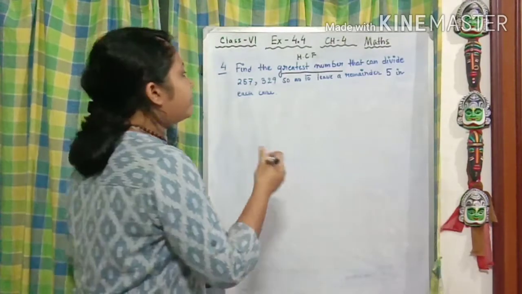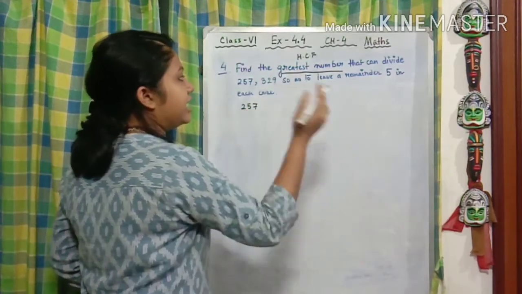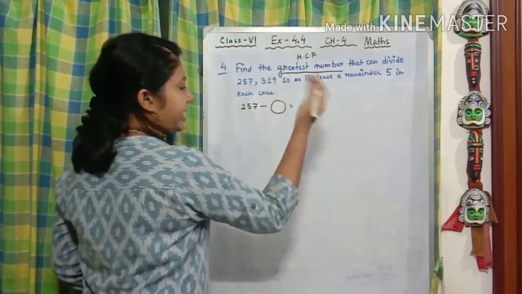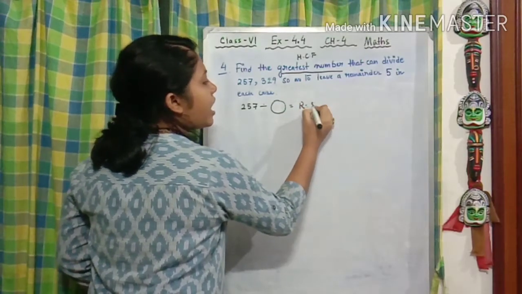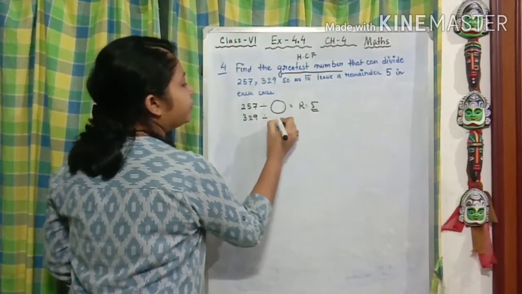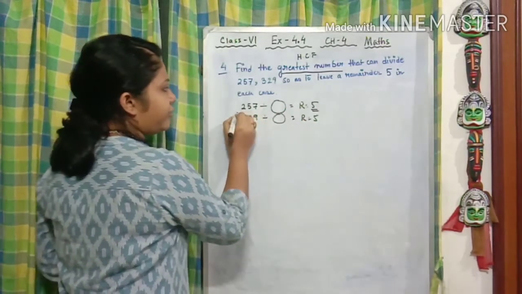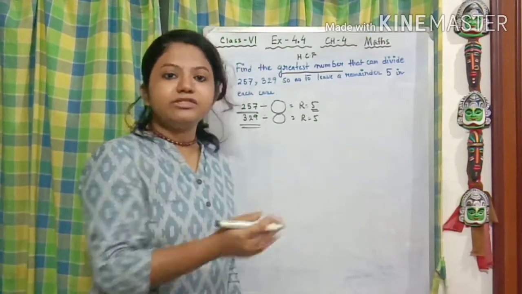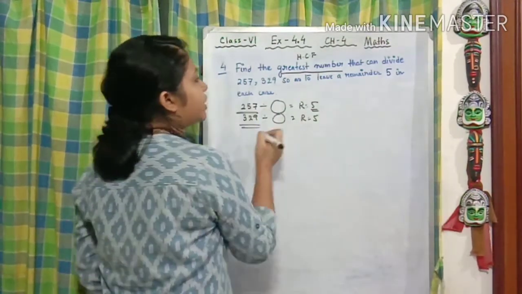So whenever 257 and 329 are divided by that number, other than the quotient, it always leaves a remainder of 5 in each case. So if we subtract 5 from both of these numbers, the result will be exactly divisible by this greatest number, right?